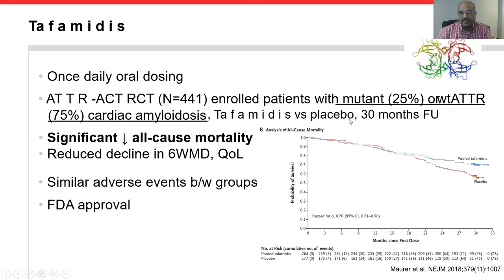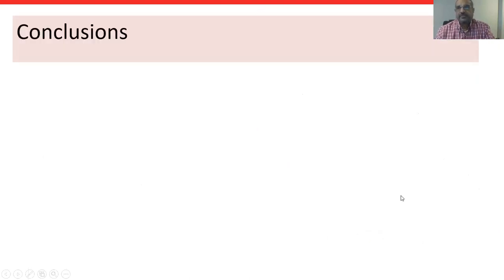So it was a placebo-controlled study with a follow-up of 30 months, and the probability of survival was in favor of tafamidis over placebo. This is a very important study, and the drug is already approved by the FDA, and it's available now in many countries for the treatment of cardiac amyloid.